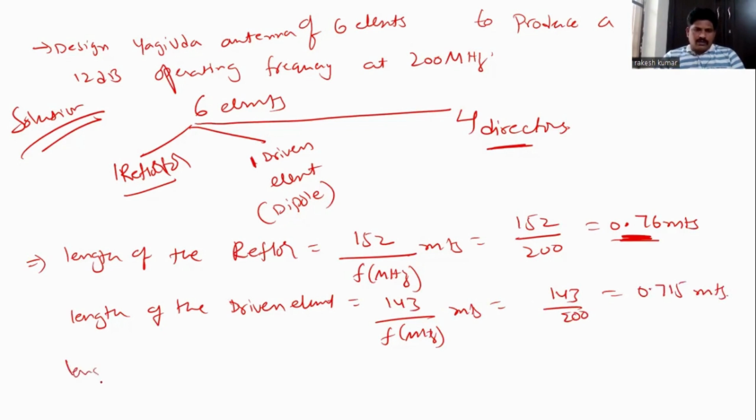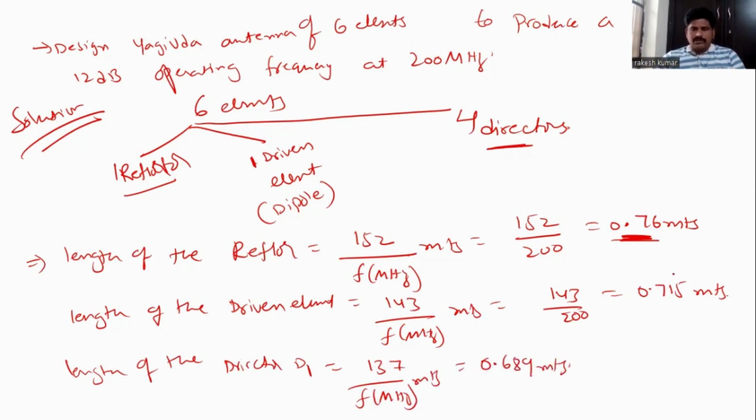Next, length of director D1. Length of director D1 is equal to 137 by F in megahertz, meters. So its value is 0.689 meter. If we observe here, always the reflector will be more when compared to the driven element, and the driven element will be more when compared to the director D1.